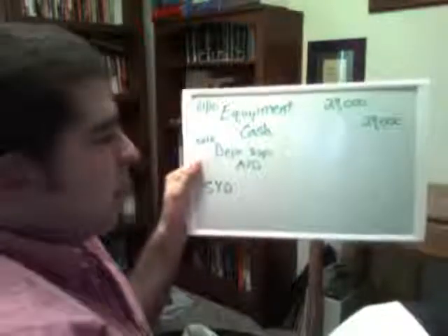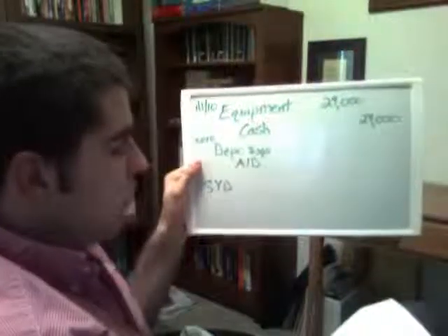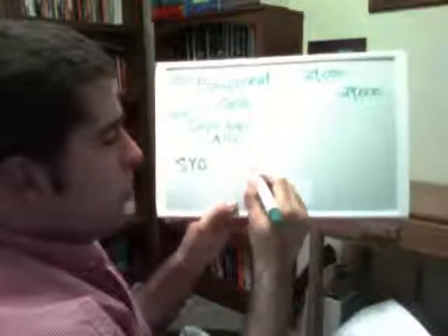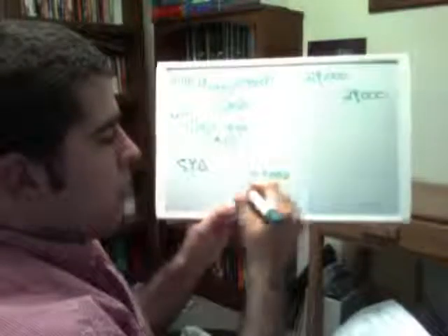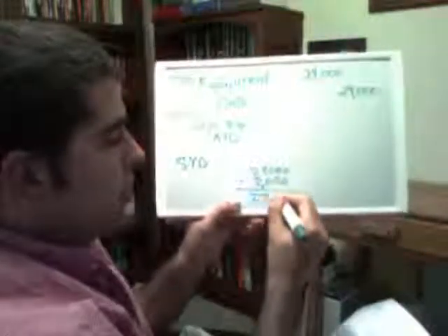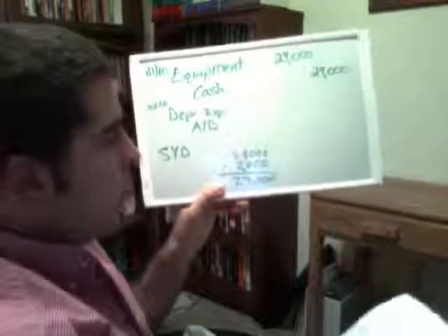The calculation here is our initial value minus our residual value, so we have our depreciable base again. 24,000 minus 2,000, so this is 22,000. There's our depreciable base, and we times it by a rate each period.